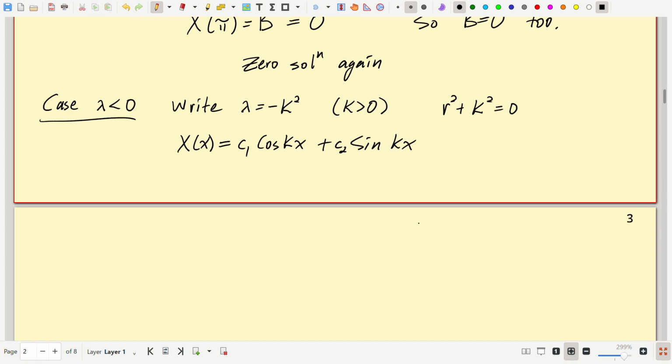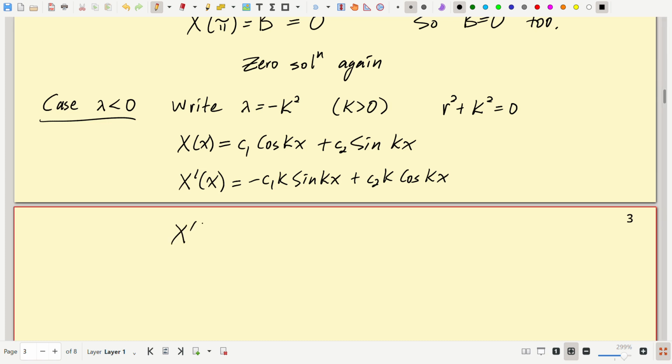And I better calculate the derivative before I go anywhere next. So X prime of x would be minus c1k sine kx plus c2k cosine kx. And so when I stick in 0, sine of 0 is 0, so X prime of 0 is just c2k.